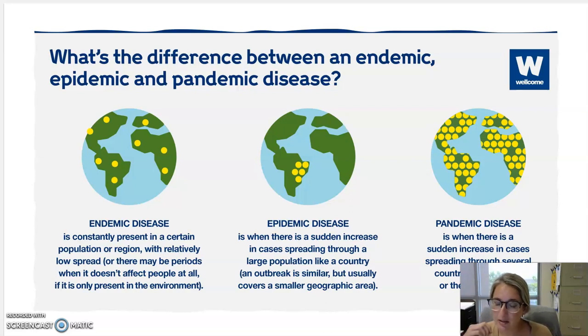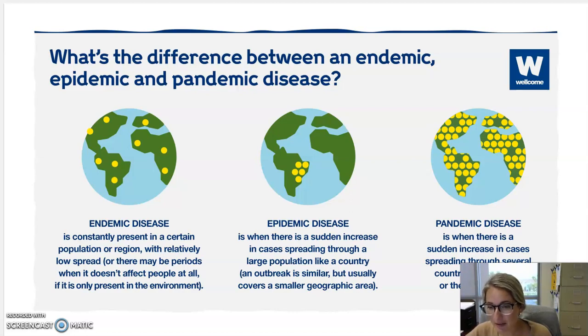So an epidemic is when you see a sudden outbreak or an increase in the number of new cases of a specific infectious disease. And then if that epidemic spreads outside of that specific region, in this case outside of that country to multiple other countries, then it would become a pandemic.